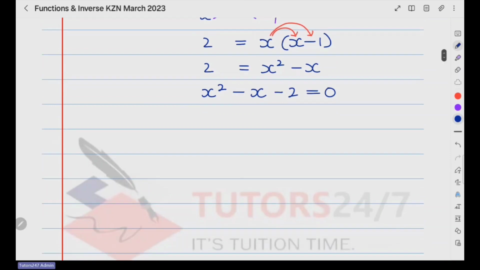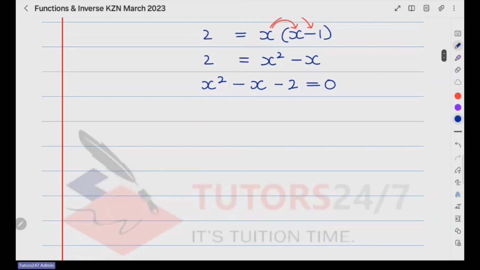From here, we can factorize by using our completing of squares method. We can use our bracket technique, or we can even use our quadratic formula. Any method that works for you, proceed with that. I am going to factorize, and I know the factors of x squared are x and x.